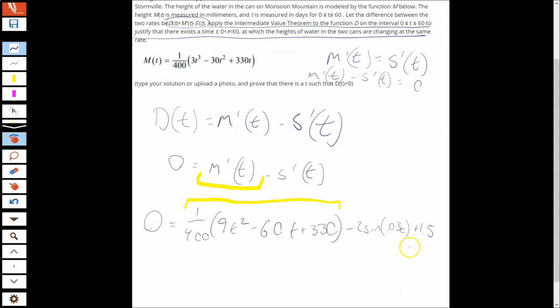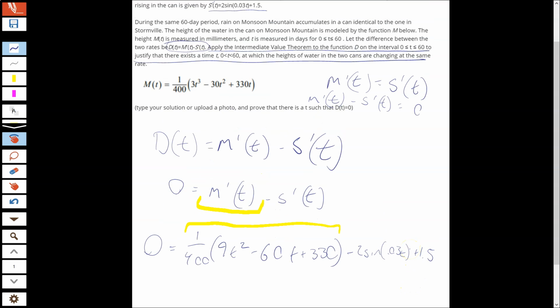And the way we would do that, remember what intermediate value theorem says here, right? It says that if the graph crosses 0, then it must be equal to 0 at least one point, assuming the function is continuous.